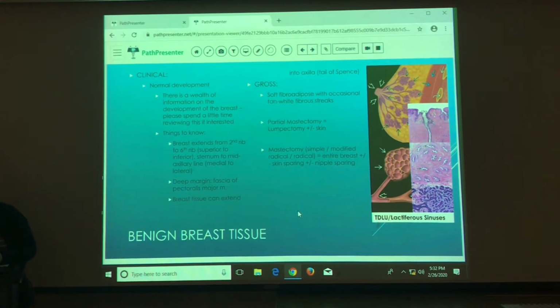And then some nice schematics to show how the ducts come down from the nipple, and what a terminal duct lobular unit is. For the longest time, at least to me, the TDLU was kind of an abstract idea of what does that even mean? I think the schematic is really nice, and the example on the bottom right also, because it really shows you the tree shape.